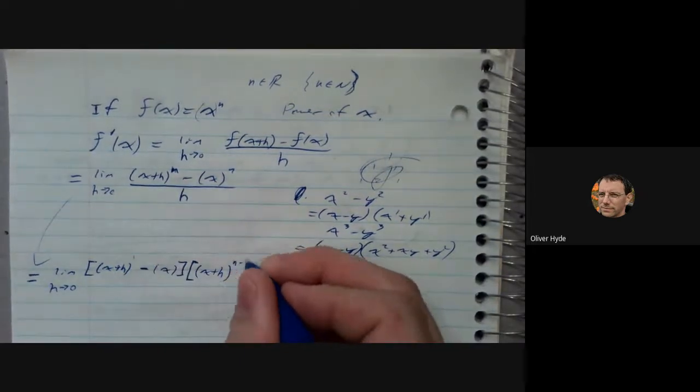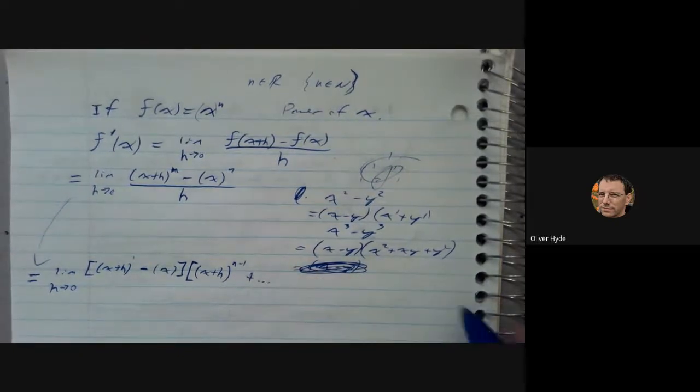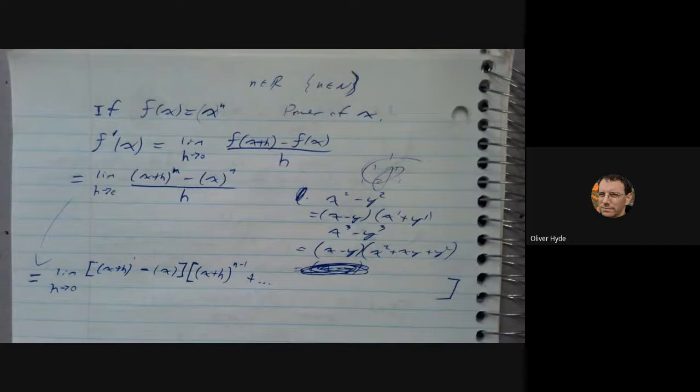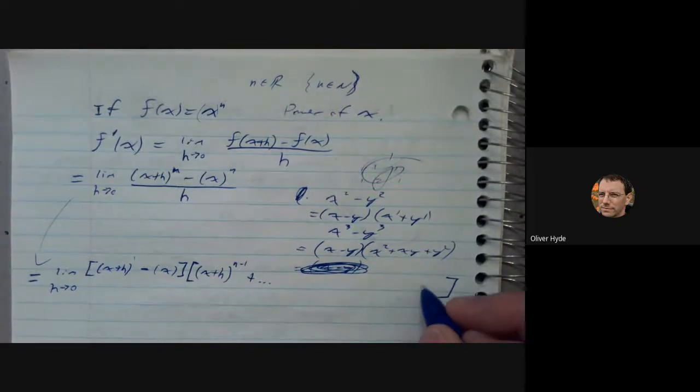Let's try n minus 1. Let's take a look at our last term. You're going to have an x times something to give me x to the exponent n. Well, wouldn't that have to be x to the exponent n minus 1?